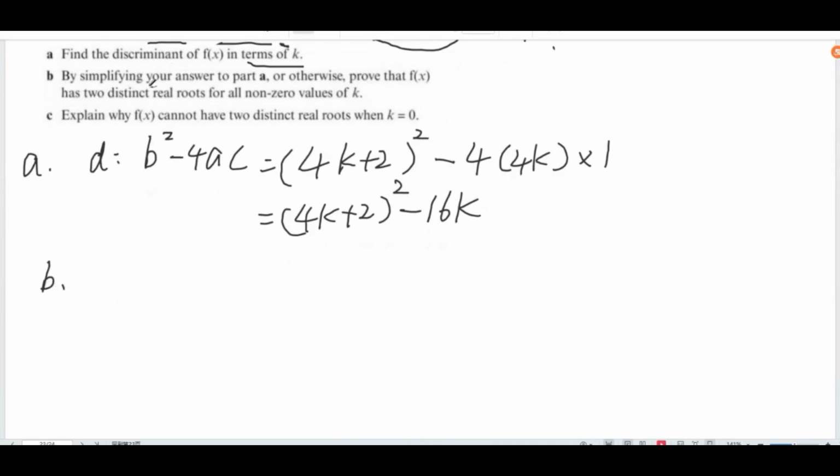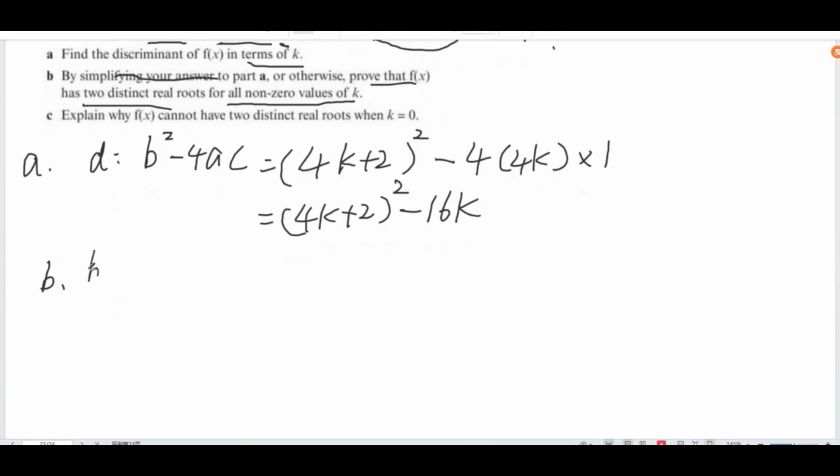Okay, B. We have to simplify the answer to A, and otherwise prove that f(x) has two distinct real roots for all values of k. To prove f(x), the quadratic function, has two distinct real roots, which means what?